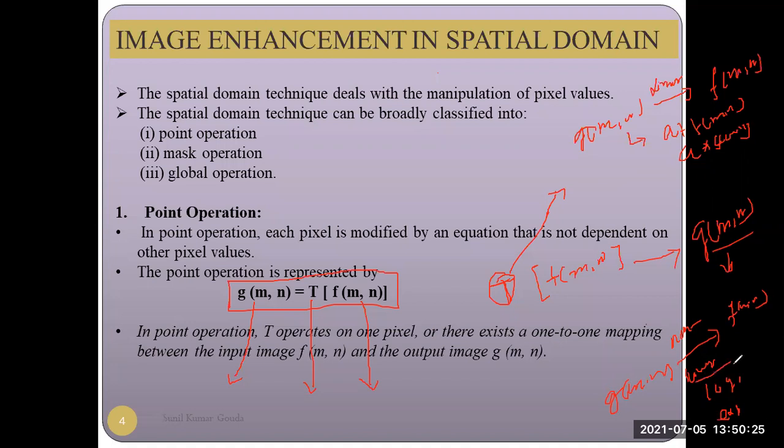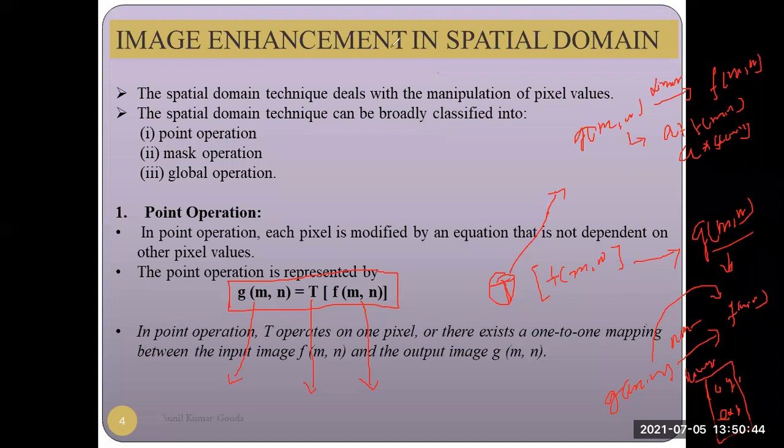When I perform this type of transformation, the value of g of mn is not linearly dependent upon your value of f of mn. That type of transformation is called non-linear transformation.